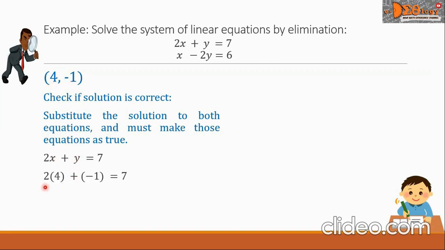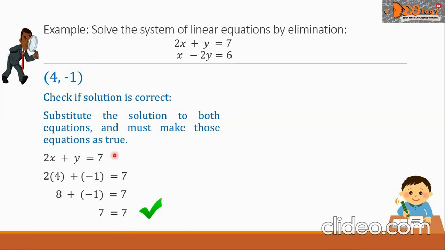So we have now 2 times 4 plus negative 1 must be equal to 7. 2 times 4 is 8, plus the negative 1 equals 7. 8 plus negative 1 is 7 and equal to the right side, which is 7 also. So (4, negative 1) makes the first equation true.